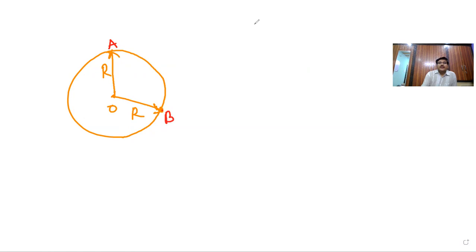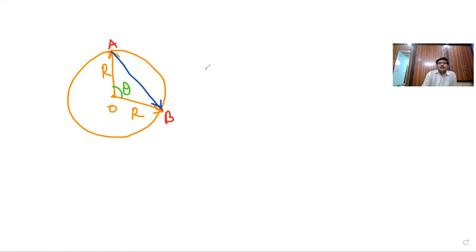If we need the displacement AB, shortest distance between A and B, initial point and final point, and if theta is the angle between two position vectors, what is the formula we use?